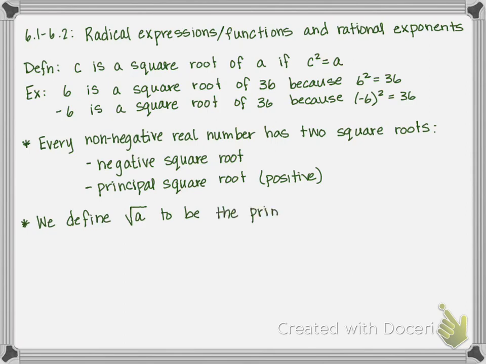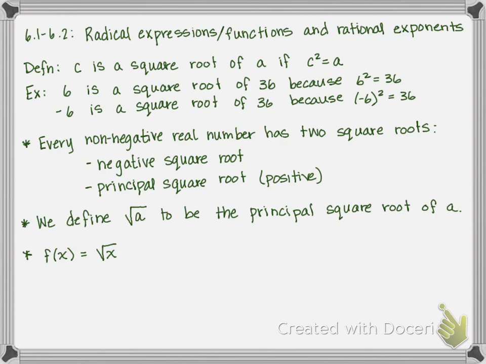So the principal square root of A. So it's always a non-negative number. And that allows us to write a function f of x equals the square root of x.